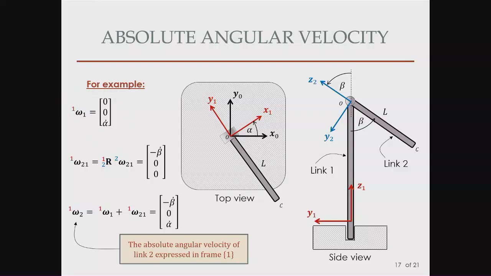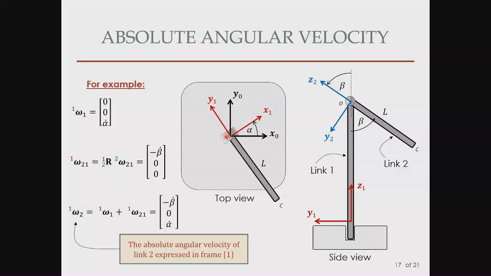Why is this correct? Because this is the motion of link 1 relative to the non-moving space. It just depends on this alpha angle. Alpha dot is the rate of change, and the axis of rotation is the axis that comes out of this drawing, so z0 or z1.